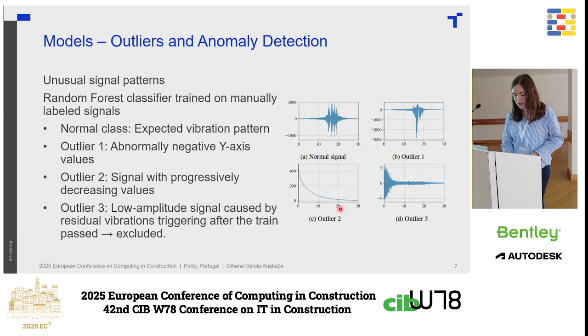This other weird signal is one that is progressively decreasing, and this third one is a low amplitude signal. After further analysis, we saw that this third one was caused by the residual vibrations of the train. So we can say that this is like the tail of a normal signal.